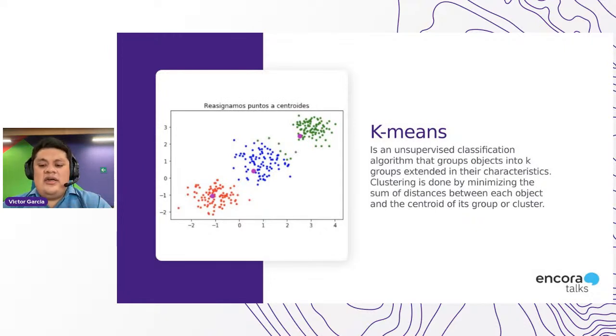After that, we will assign each of the data objects to one of the k groups, assigning them to its closest one. After that, we update the centroid, and we will update and update and update.